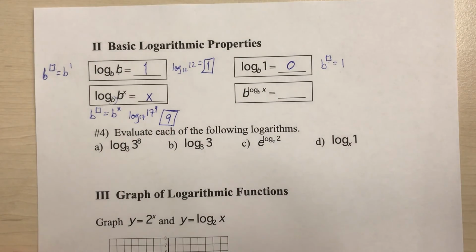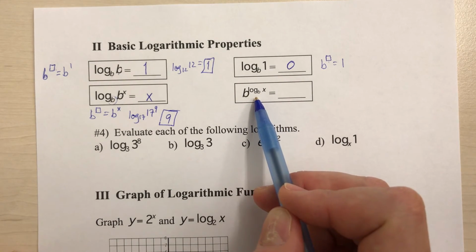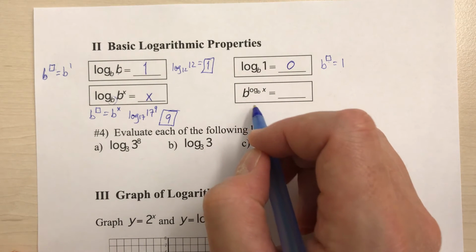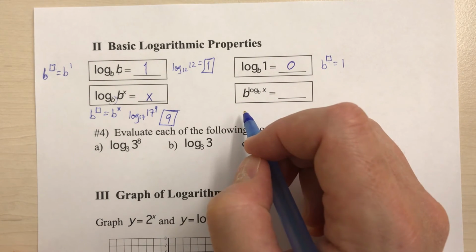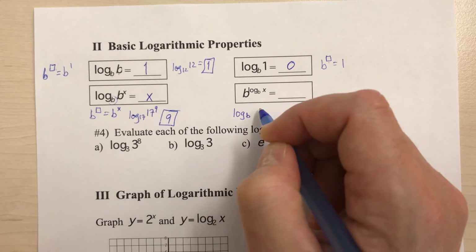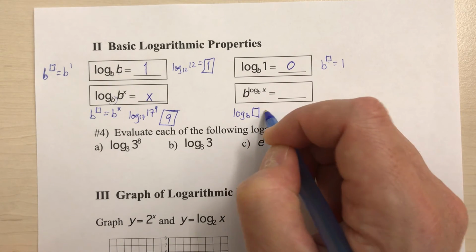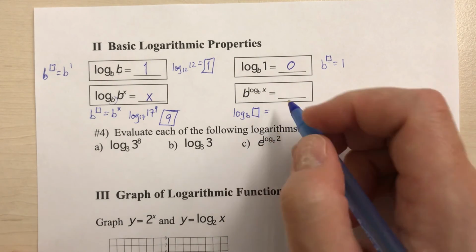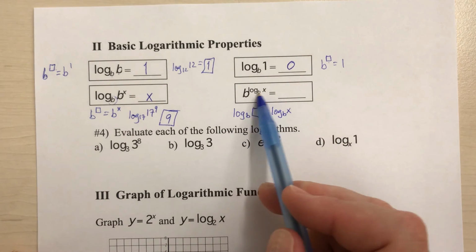And then the last one here, this is written as an exponential. So this time, let's change this to a logarithm. So it's the log base b of something is equal to the exponent, which is the log base b of x. So now we're going to write this. This is exponential.